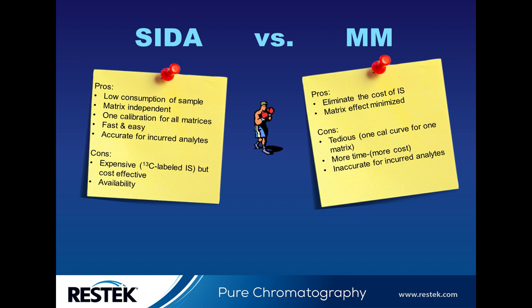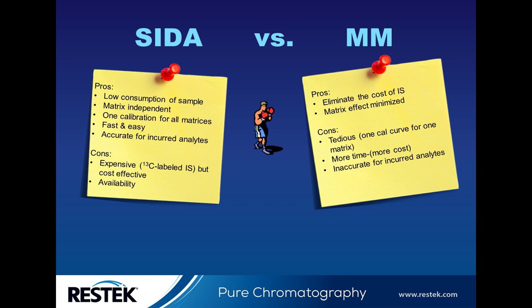You can just generate one calibration and apply to all different matrices. Fast and easy, obviously. Also for those incurred analyte matrices, for example, it's very hard to find a clean matrix without any mycotoxin. In this case, you are not able to use the matrix match to calculate how much mycotoxin is in your food. So SIDA will be perfect for this situation.